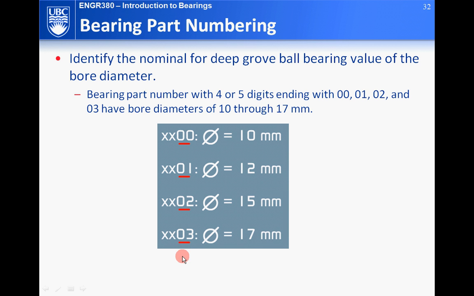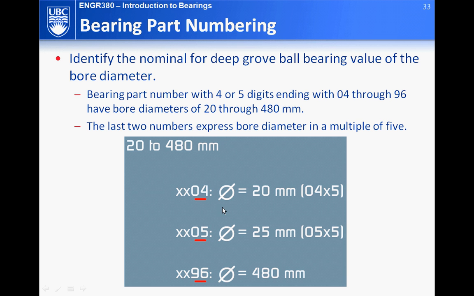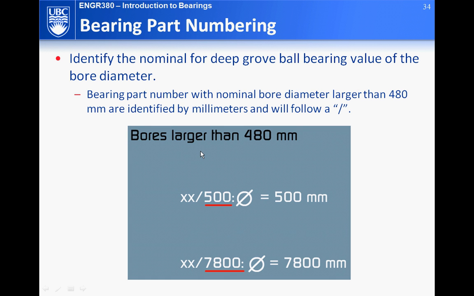Then from 04, you just multiply by 5: 04 would be 20, 05 would be 25. But if it's over 500 millimeter, you'll see it's simply a 500 or 700, 800. That's a pretty big bearing.